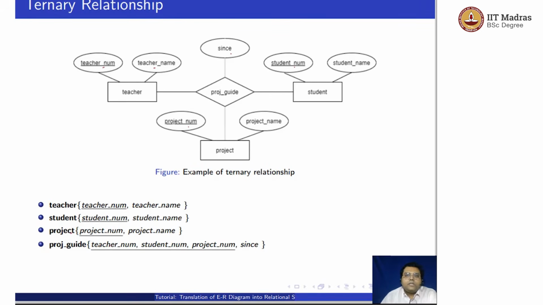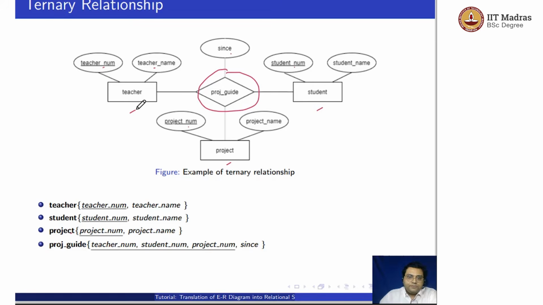Okay. Till now, all the relationships we have considered are binary. So this is the first time we are considering a ternary relationship. In this ternary relationship, we have the strong entity sets teacher, project and student, and a relationship set, the project guide, which is relating all these three entity sets. Now to translate them into tables, the same rule for binary relationships in case of many to many also holds good over here.